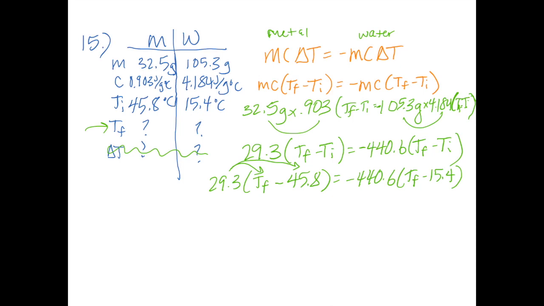So I'm going to change TF to X just to make my life easier. 29.3x minus, and then I do 29.3 times negative 45.8, and I get 1341.9, equals, again, I take negative 440.6 times x, and then I multiply those together. This sign is going to change to plus because you have two negatives there, 6785.24. Okay, now we combine like terms.